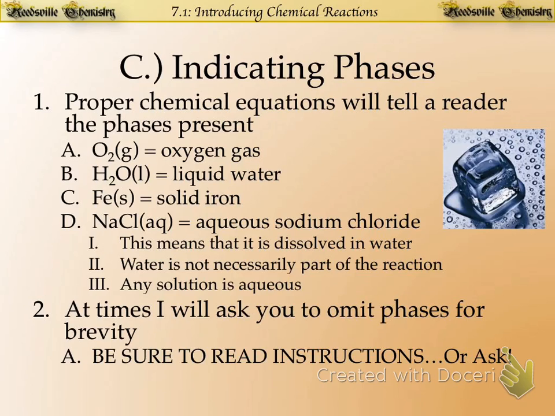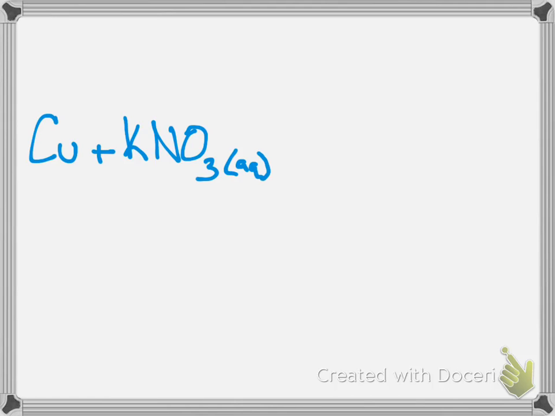Okay. I want to do one final chemical reaction, and I want to include the phases with this particular chemical reaction. Let's go copper metal. And let's add that copper metal to, let's say, potassium nitrate. Potassium nitrate is going to be aqueous, so I'm going to put an AQ after it. And we notice that the copper metal is solid.